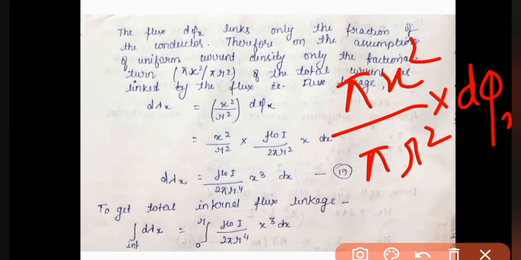Flux in a particular area is flux linkage.